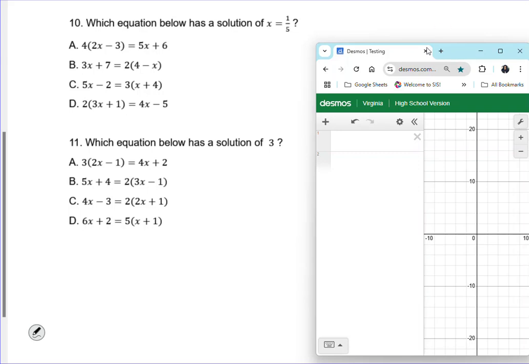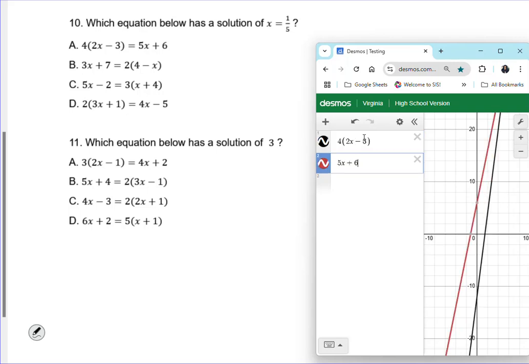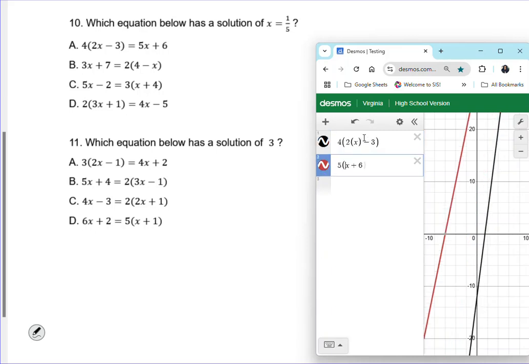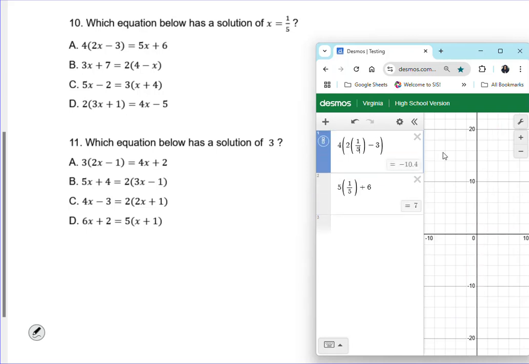So to do this in Desmos, I want to put the left side in Desmos, separated from the right side on the second line, and then I want to change the x to see if the solution ends up being negative 1 or positive 1/5. Okay, so you have positive 1/5 here, positive 1/5 here, and I did not get the same thing, which means that's not the solution.